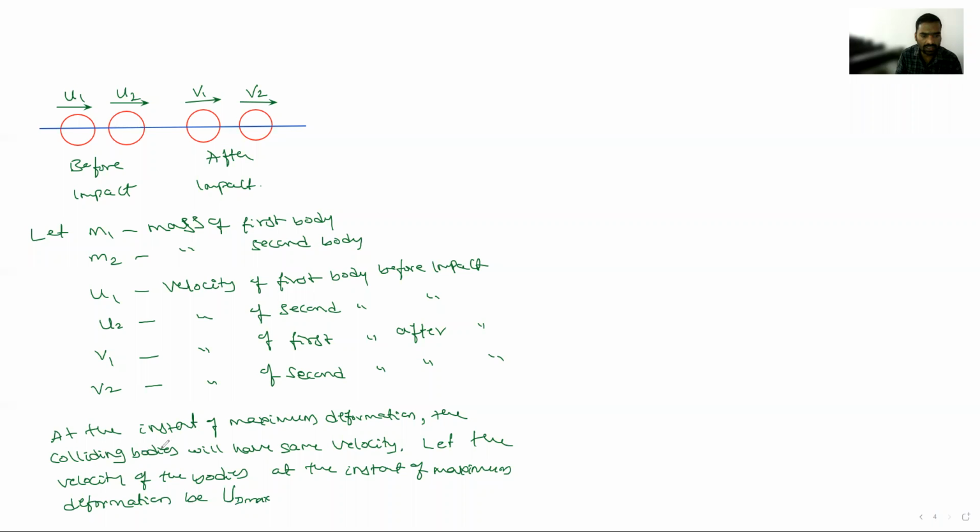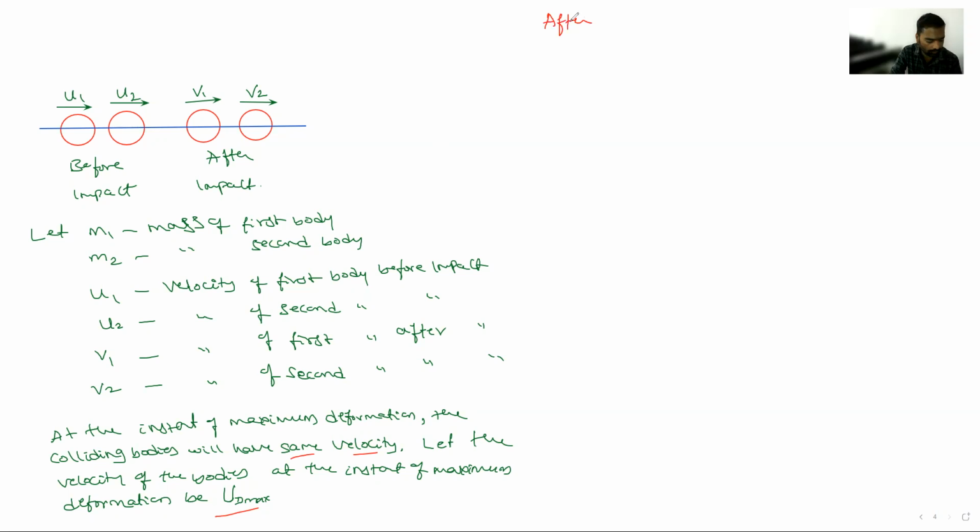So at the instant of maximum deformation, the colliding bodies will have the same velocity, that is ud max.